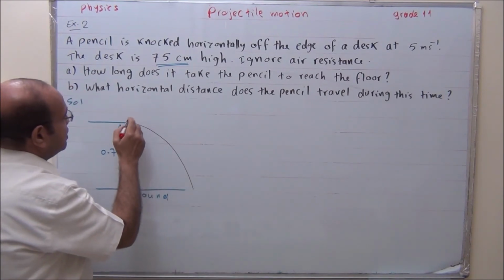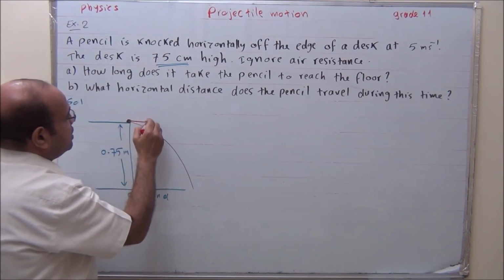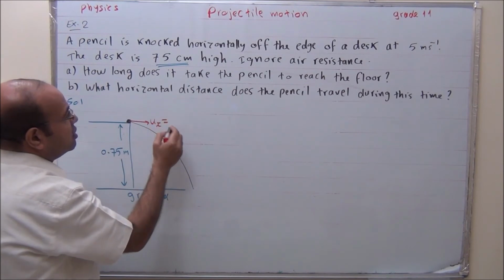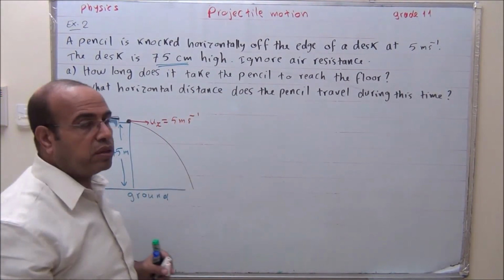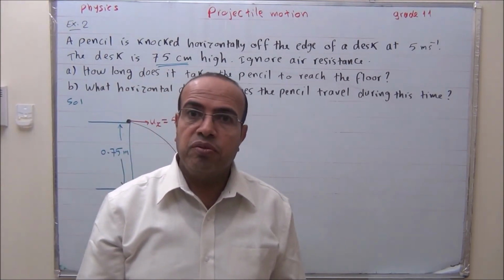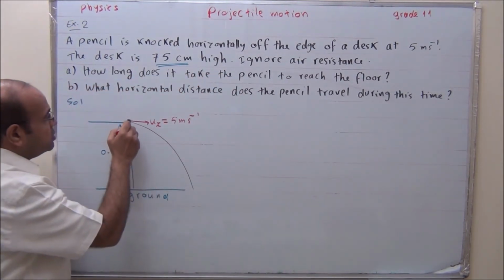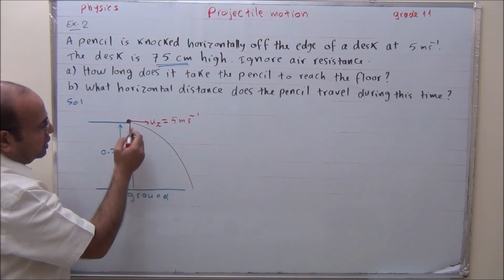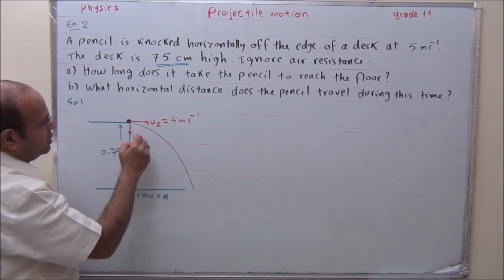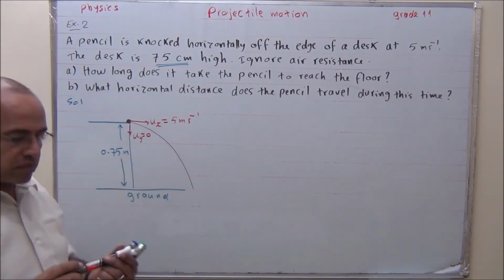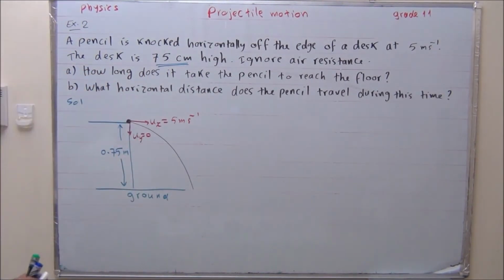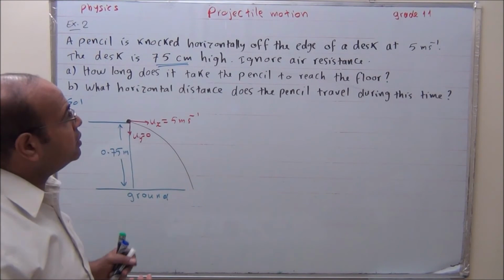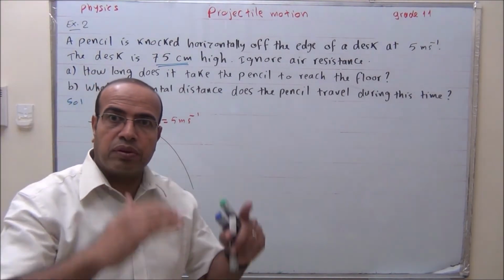This is the initial horizontal velocity. No velocity in y-axis, so the initial velocity in y-axis equals 0. So this is the drawing. He said, how long does it take the pencil to reach the floor?